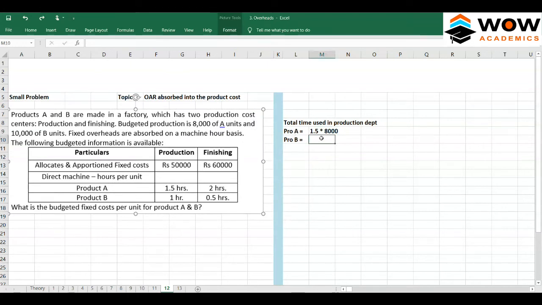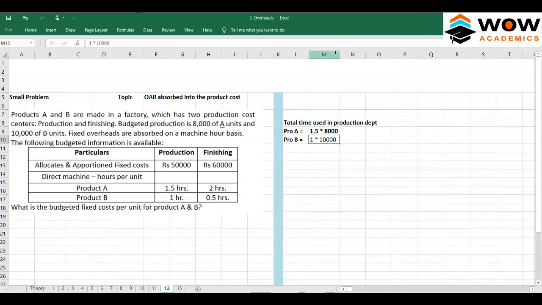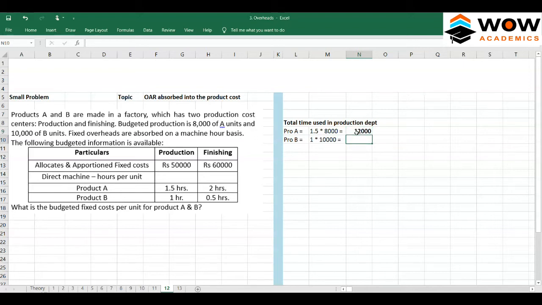The second one is product B, which spends 1 hour, and there are 10,000 units of B. Now how many hours are they totally incurring? We'll find it out. So this is 12,000 hours and this is 10,000 hours. So total hours would be 22,000 hours.